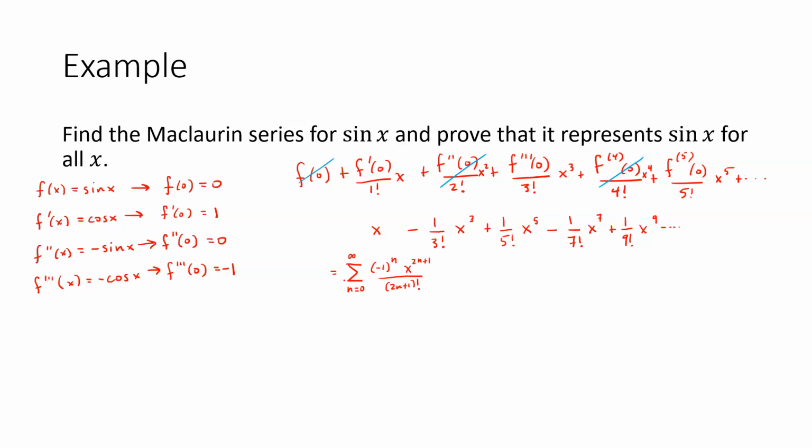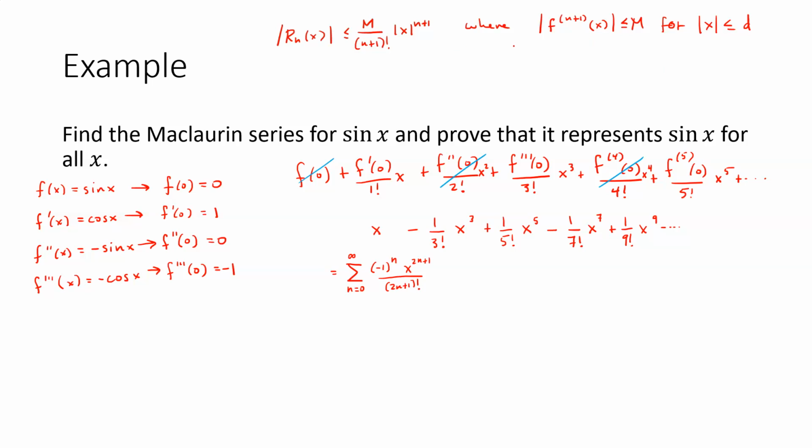Now, to show that sine x is equal to its power series for all x, let's look at Taylor's theorem for Rn here. So again, we know that the absolute value of Rn of x is going to be less than or equal to m over n plus 1 factorial times x to the n plus 1, where m again is a bound on the n plus 1th derivative for x less than or equal to some d.